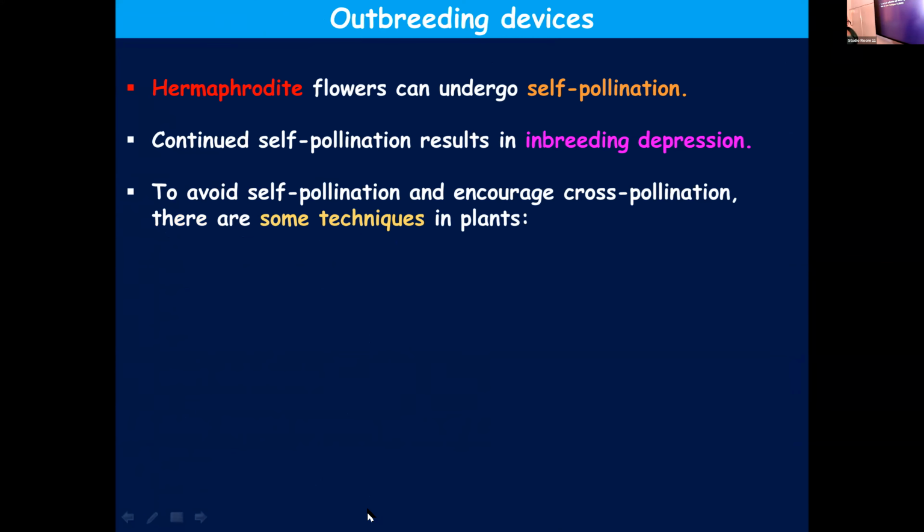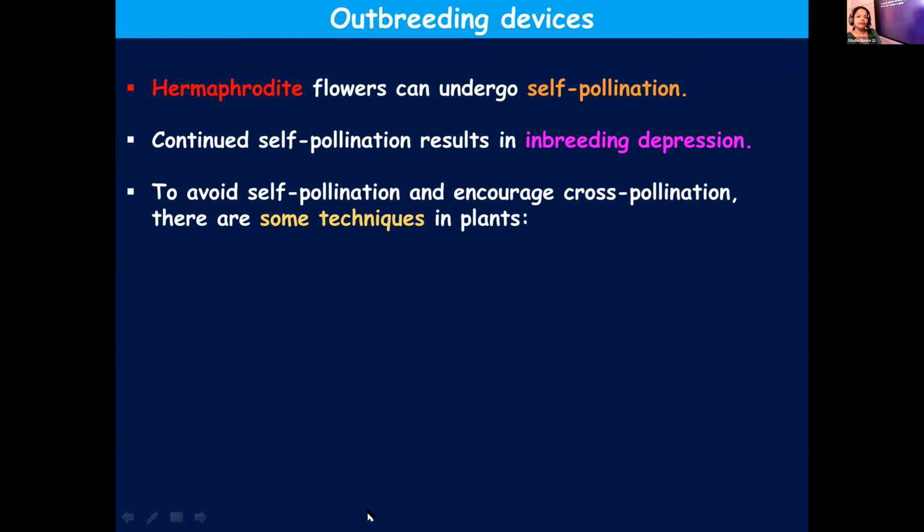Hermaphrodite flowers can undergo self-pollination. I told you when the same flower is having both male and female reproductive parts, there are chances that self-pollination takes place. But continuously, when self-pollination takes place for several generations, it can lead to inbreeding depression. Inbreeding depression can lead to reduction in its productivity.